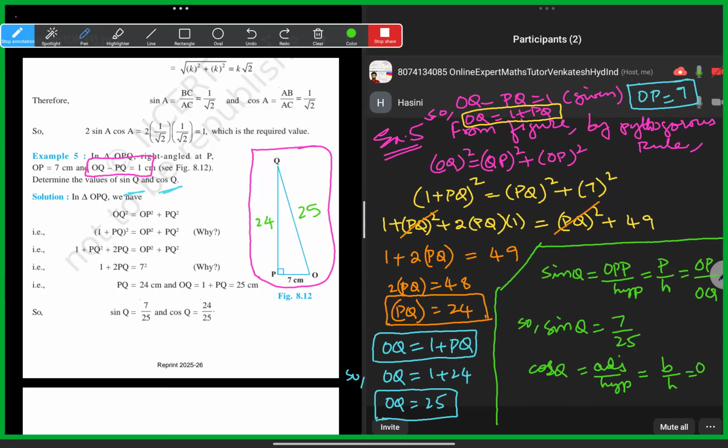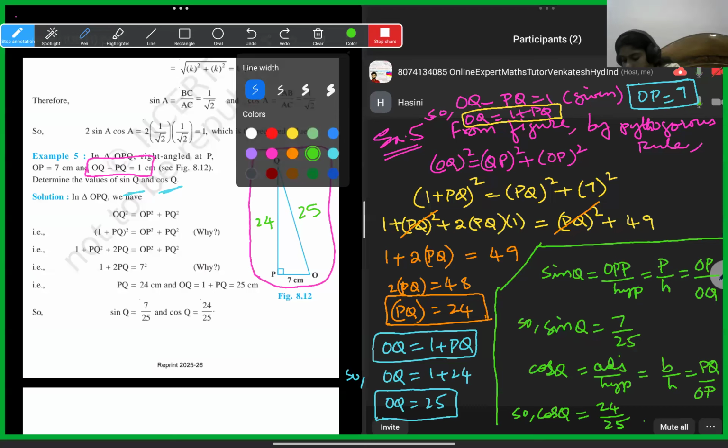Yes, PQ by OQ. So cos q is equal to 24 by 25.